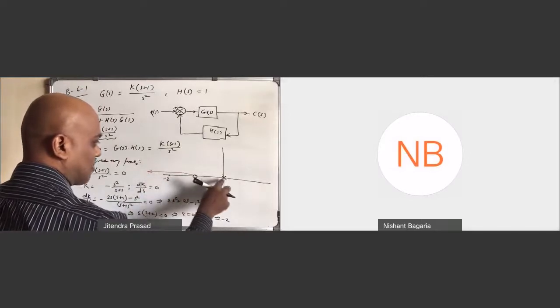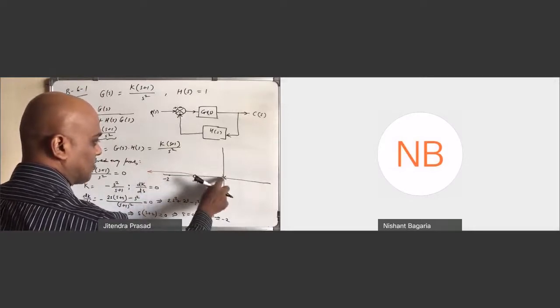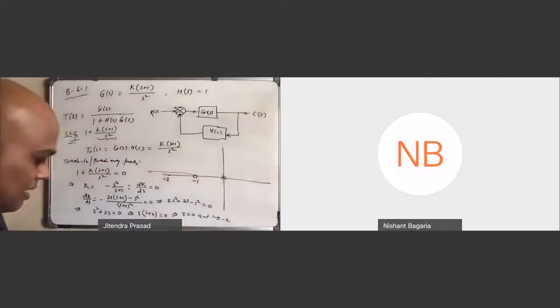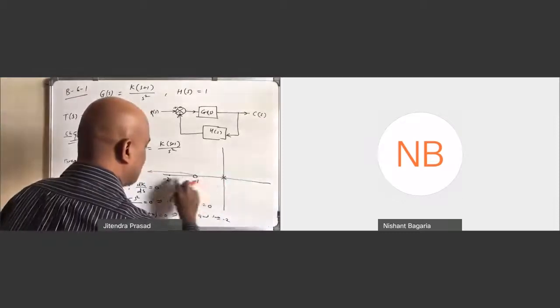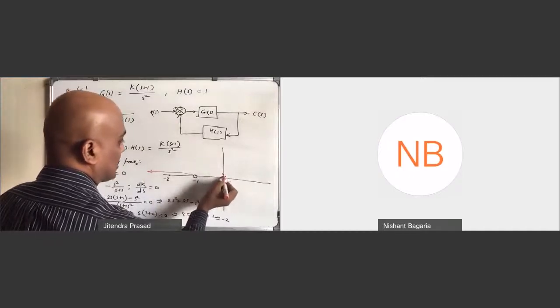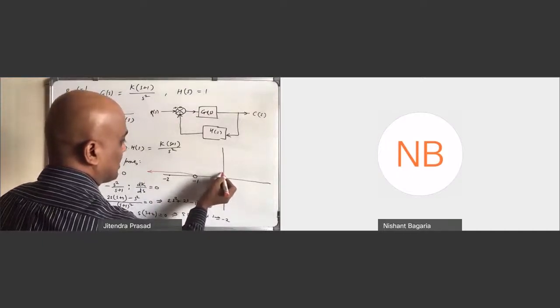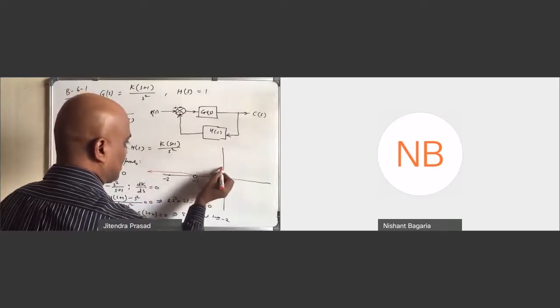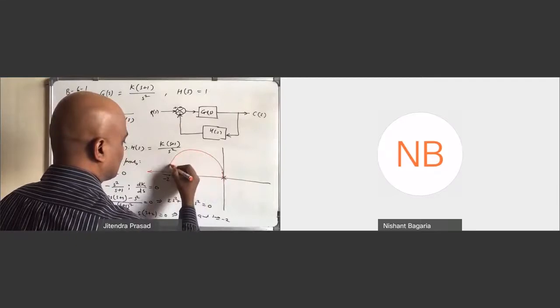Here basically what we see is that from here there are 2 points, they are moving, and hence here this will be the vertical line. So the root locus will be something like this.